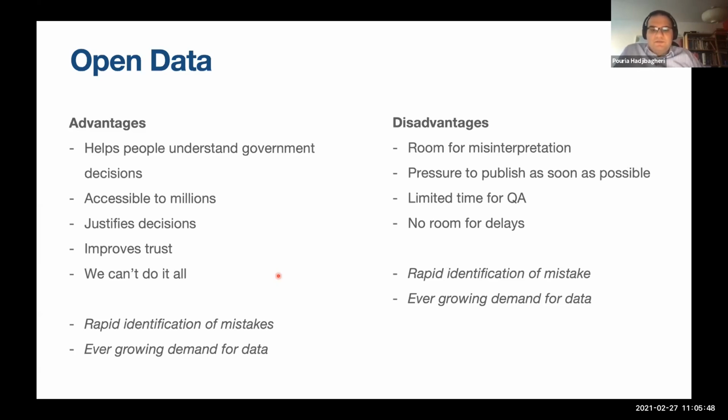The disadvantages would be, there is room for misinterpretation. Some of the media have done some very bizarre calculations that make absolutely no sense to anyone, such as adding one metric from one background, say deaths from the National Statistics Institute, to deaths within 28 days, adding them together and saying we have 100,000 deaths.